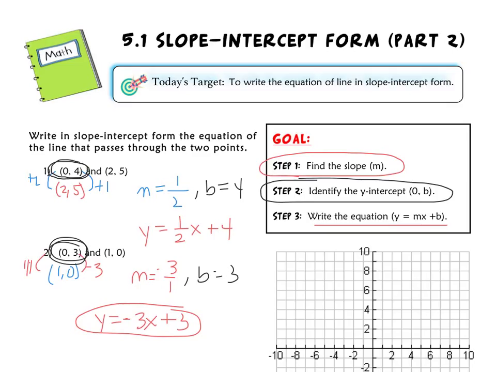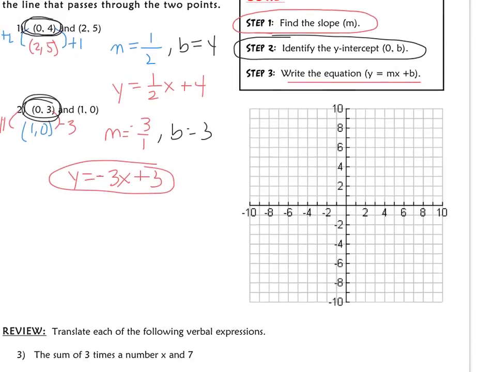So then just to remind you on graphing, on the classwork, we're going to have to graph. Okay, so the idea is we start with our y-intercept of 3, so I go to 3 on the y-axis, which is right here. Then, using my slope of negative 3 or my negative 3 over 1, I can go down 3 over 1.